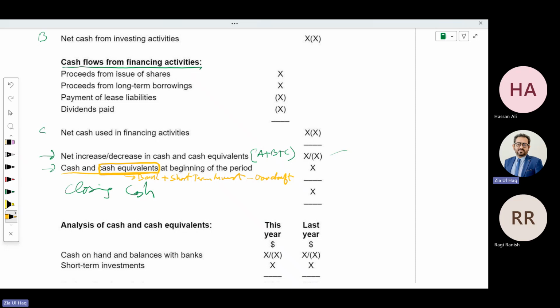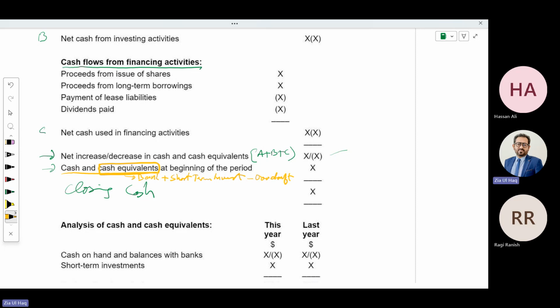If the bank balance is negative, in overdraft, that will be deducted. Opening cash and cash equivalents mean cash, cash at bank, and short-term investment if given in the question. That will be called cash equivalents, meaning that can be converted into cash quickly. The receivables or inventory cannot be converted into cash quickly.